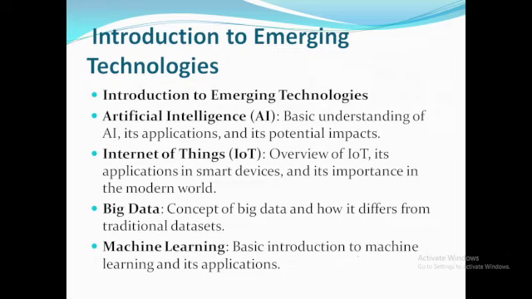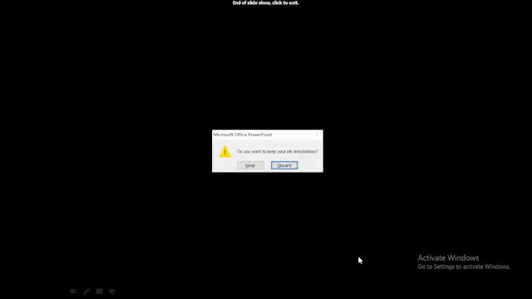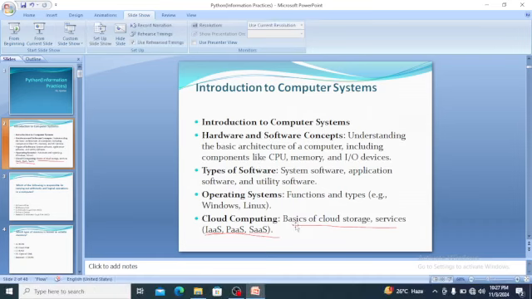Then big data, the concept of big data and how it differs from traditional data sets. Then machine learning, basic introduction to machine learning and its application. So these were a few of the topics we need to study.